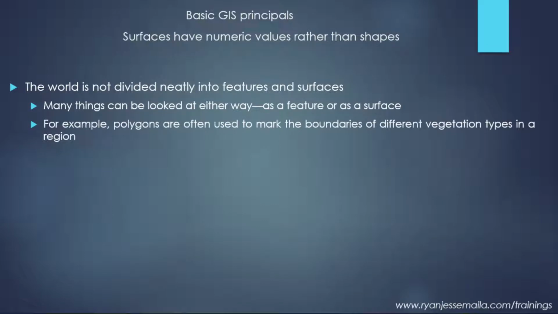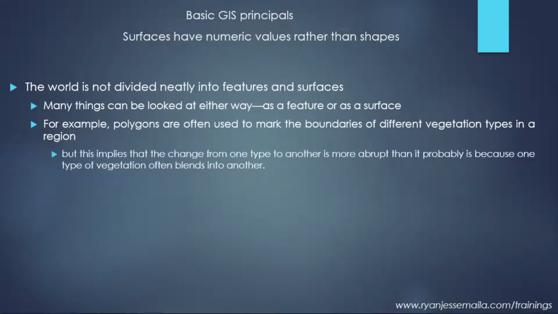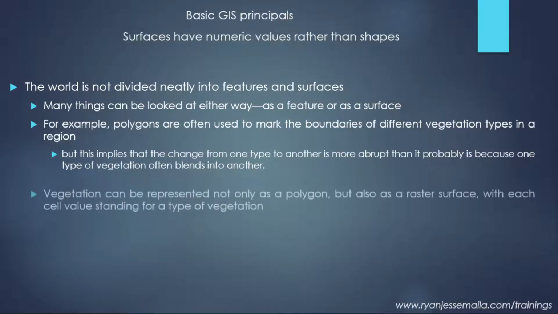For example, polygons are often used to mark the boundaries of vegetation types, but this implies that the change from one type to another is more abrupt than it probably is, because one type of vegetation often blends into another.